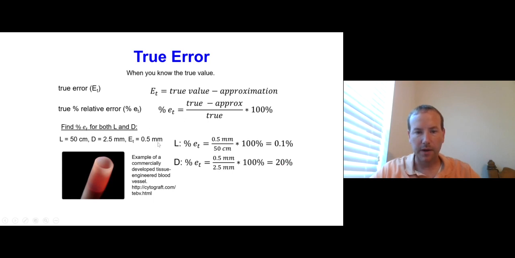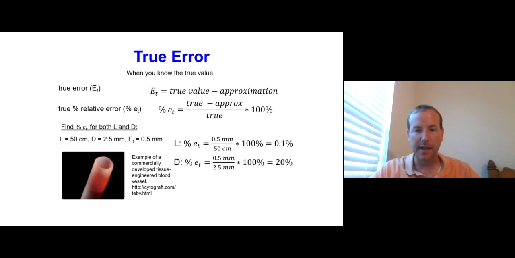If you've got a half millimeter error in the measurement of the length, then half a millimeter divided by 50 centimeters is only 0.1%. So you'd expect that would have minimal effect. However, that same amount of error divided by the diameter of the vessel would be a 20% error. And so that could be much more serious.